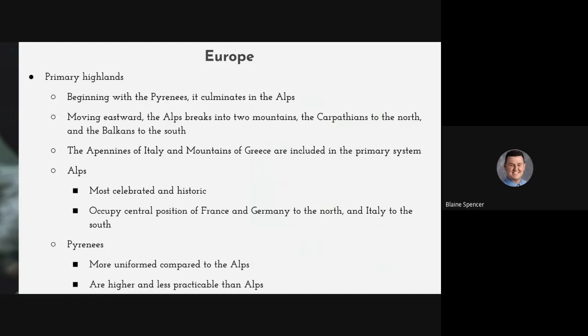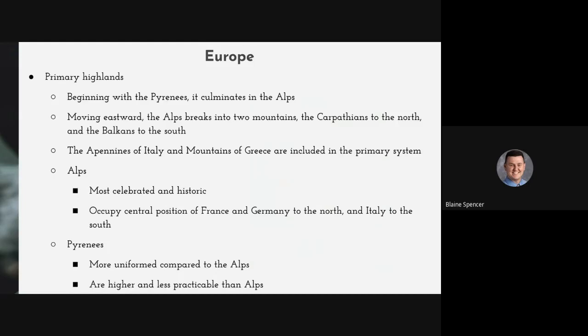When we look at World War I, World War II, we see that history revolved around the Alps, because they were a massive barrier or a massive part of Europe from conquering one part and the other.